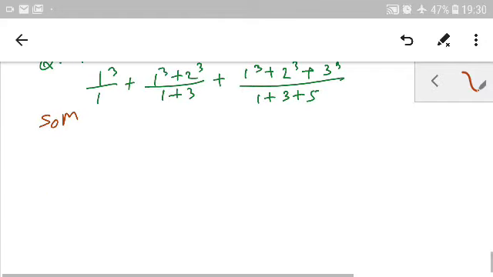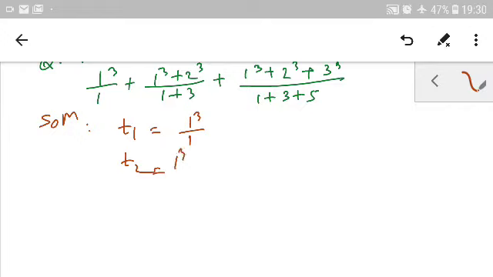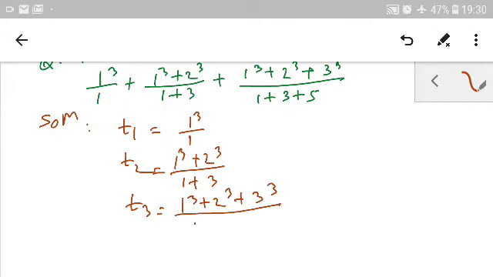So solution, our T1 is equal to 1 cube by 1. T2 is 1 cube plus 2 cube divided by 1 plus 3. T3 is given by 1 cube plus 2 cube plus 3 cube divided by 1 plus 3 plus 5.